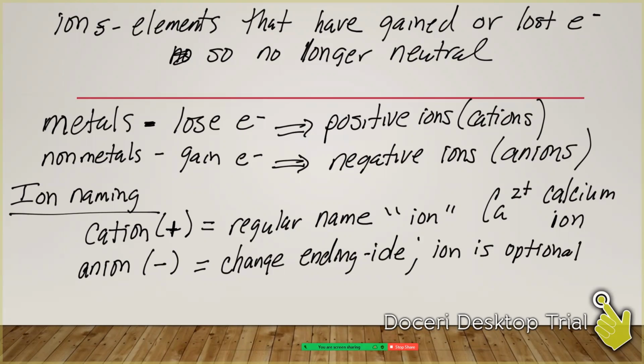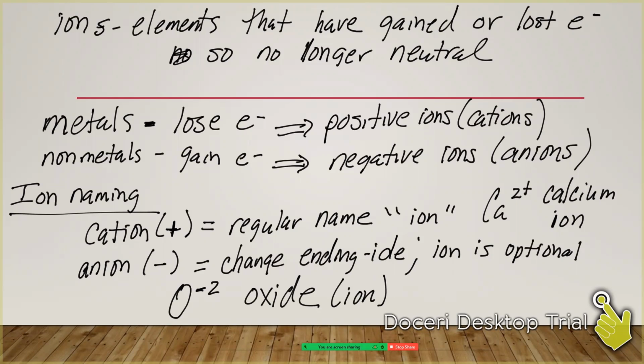It's no longer neutral. So you don't have to put ion, but you can. An example of that would be oxygen, which likes to form a -2. Instead of saying oxygen ion, I change the ending to -ide. So oxide would be the ion, and then you can add ion if you want to. You don't have to.